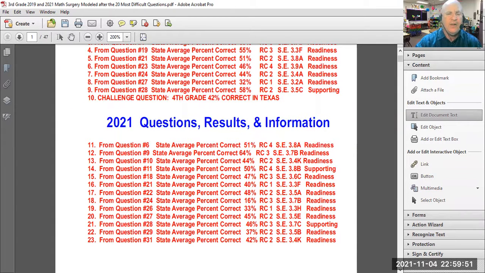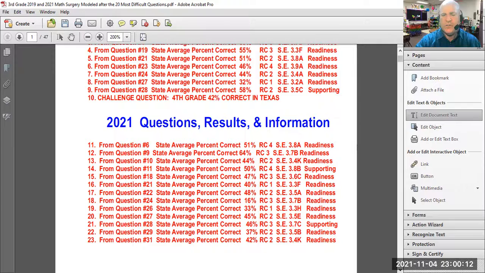And for your convenience, I've gone ahead and placed the question number that I made my own question from, the percent the kids got on a question that was tested in that format, the reporting category, the student expectation, and even the readiness or supporting standard that it was being used by.